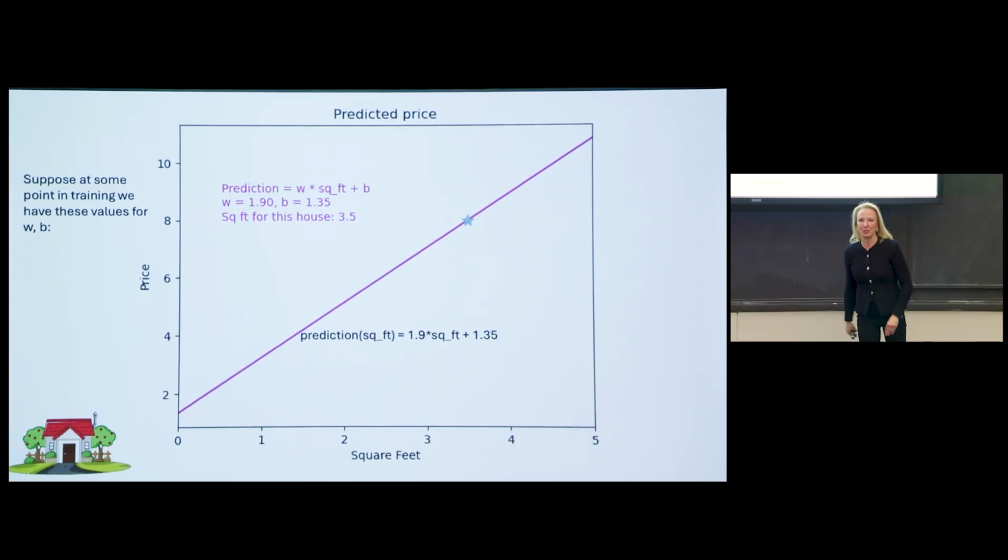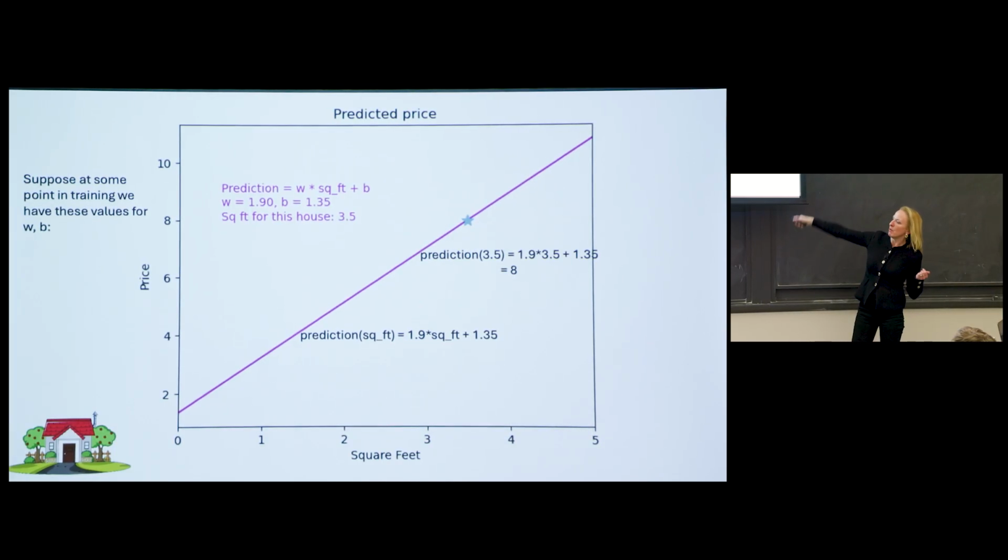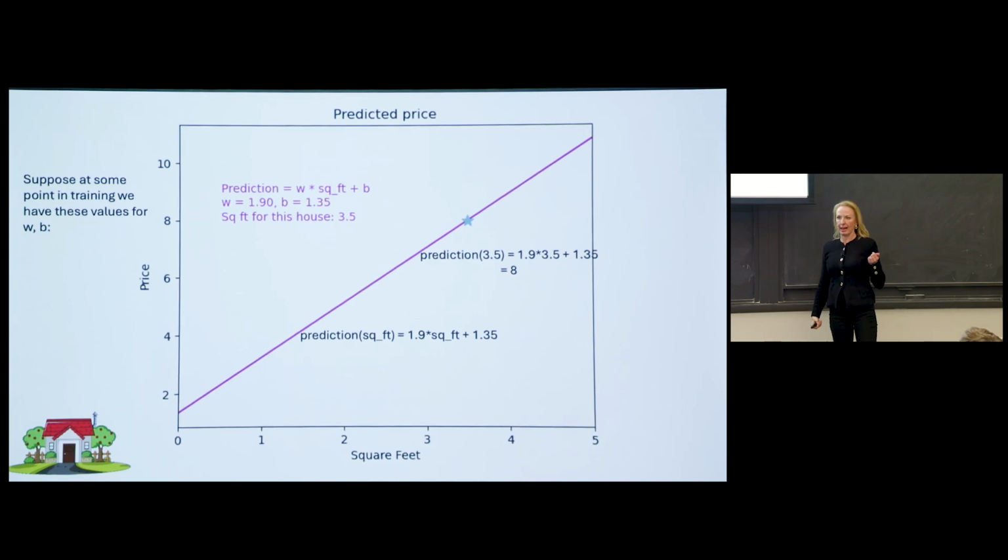I don't like dealing with thousands, that's why I'm truncating everything. So it's somewhere around here, and that's going to be 8, which is indeed what I predicted for this house. So my prediction, which was 8, which we saw on the previous slide, is just this weight 1.9 times the actual square footage, 3.5, plus this bias term, 1.35.